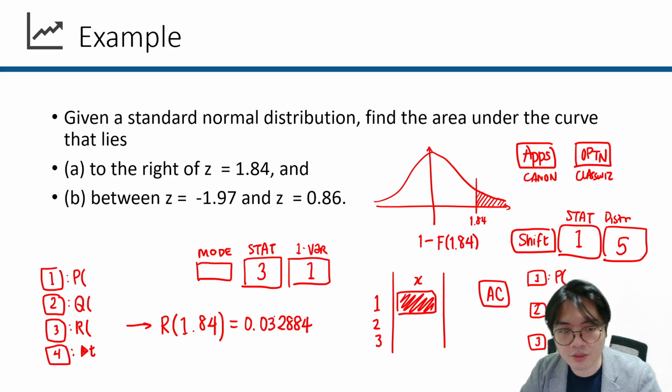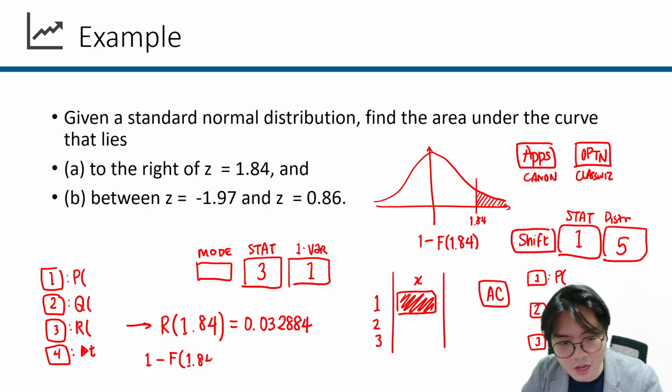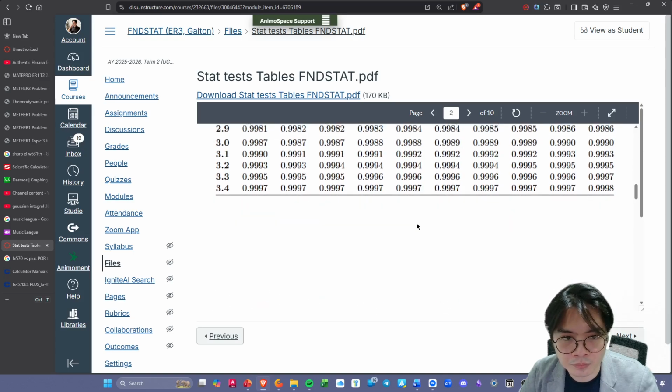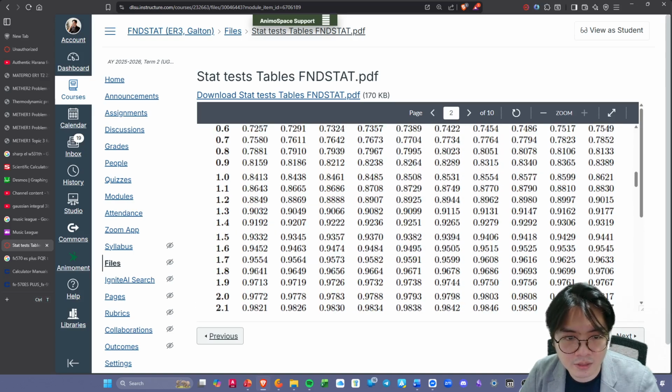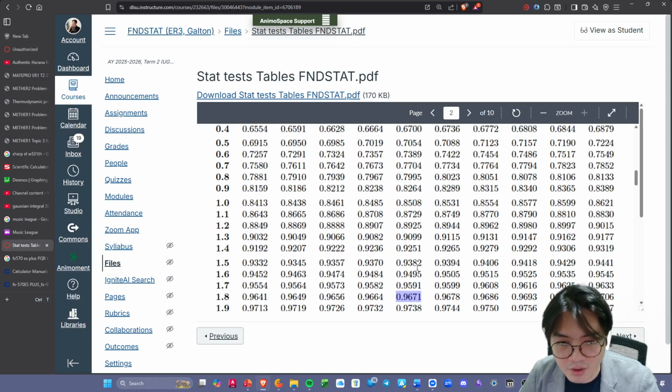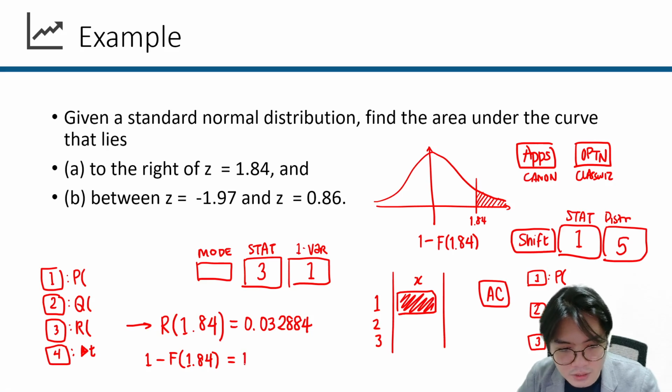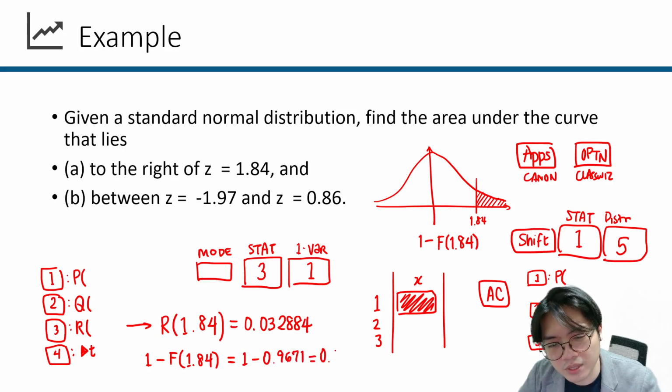0.032884. On the other hand, if we have done the same thing that we have done earlier using the Z tables, if for example you have 1.84 right here, 1.80123.4, 0.9671, right? 0.9671, 1 minus 0.9671, you will get 0.0329.